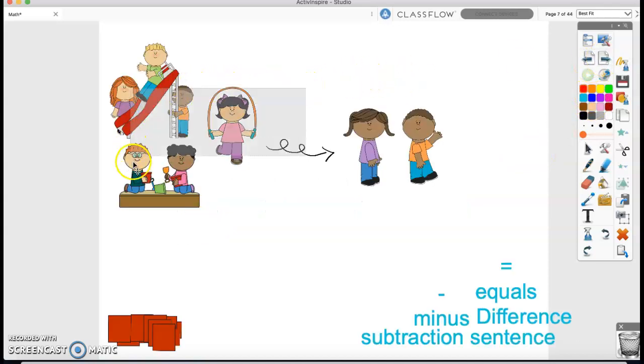So as you can see, we have some kids on the playground. We have 1, 2, 3, 4, 5, 6, 7, 8. We have 8 kids.